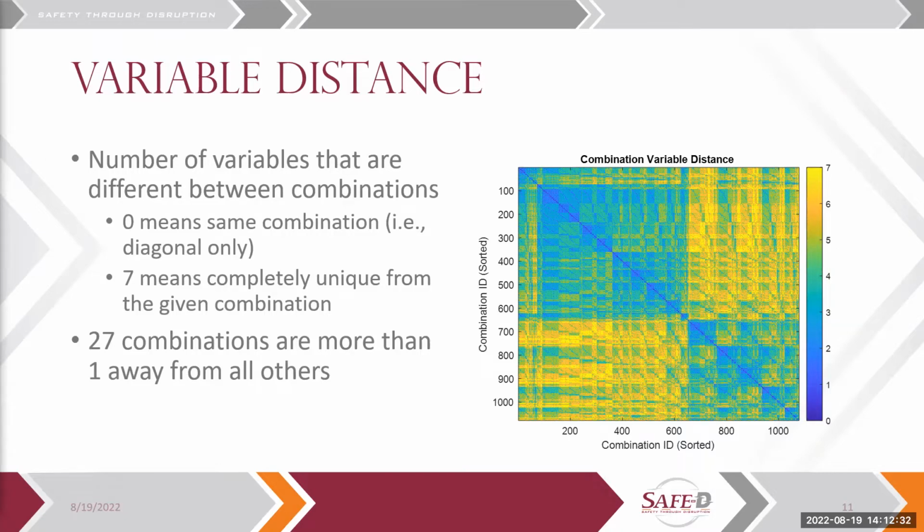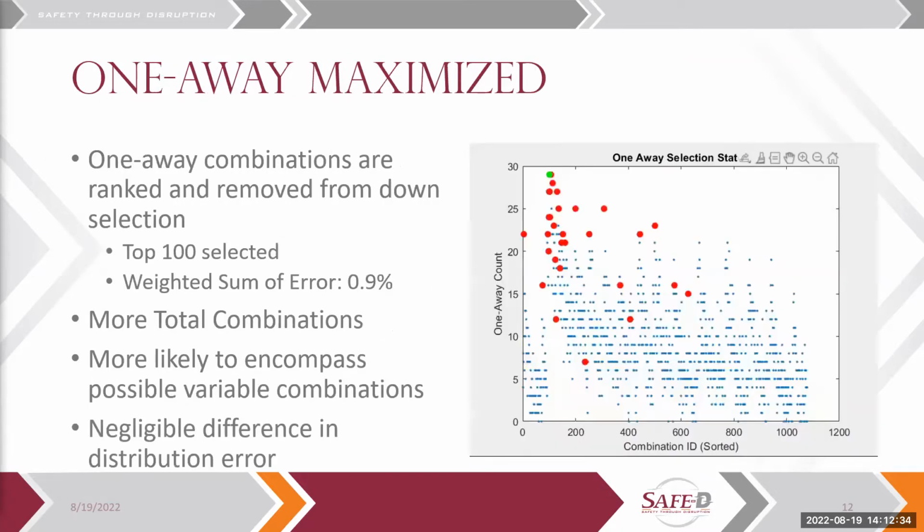From this variable distance, we were able to rank them all according to how many of the different events have an event that is only one variable change away from it.